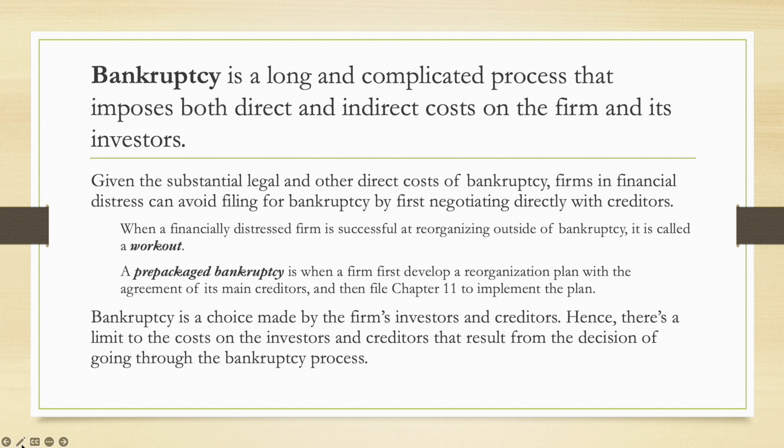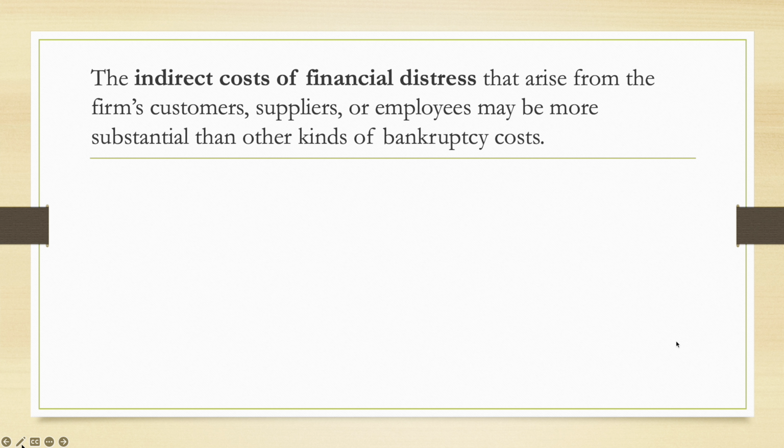On the other hand, there is no such limit on the indirect costs of financial distress, which we will see in the next slide. The indirect costs of financial distress that arise from the firm's customers, suppliers, or employees may be more substantial than other kinds of bankruptcy costs.